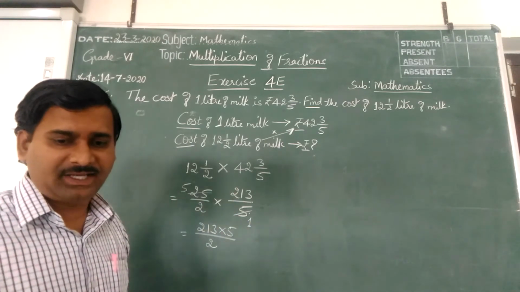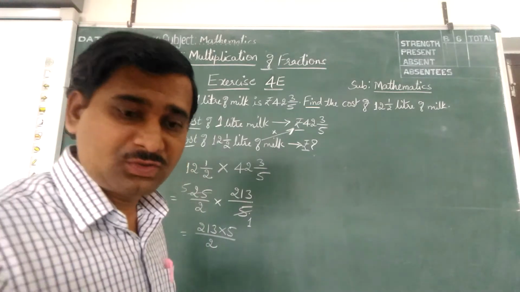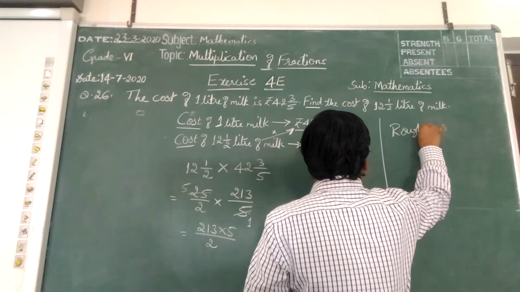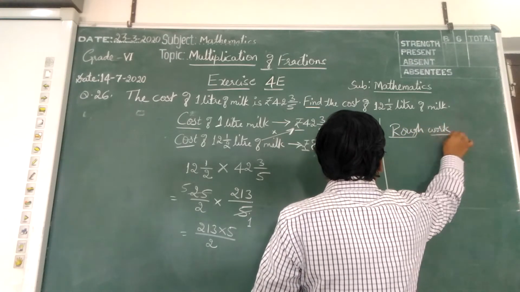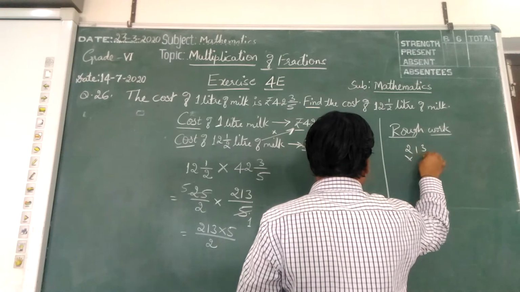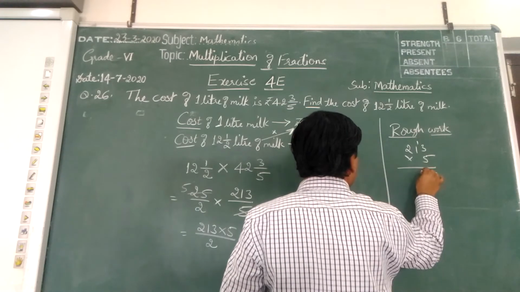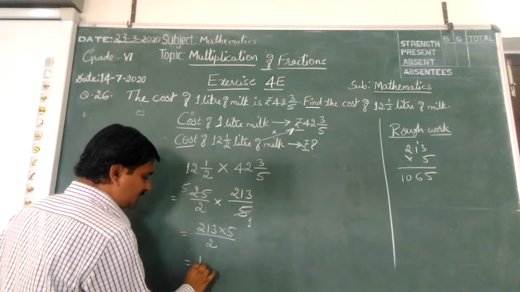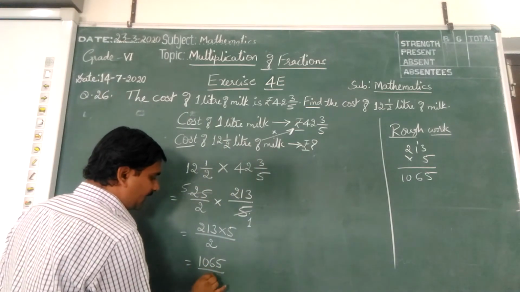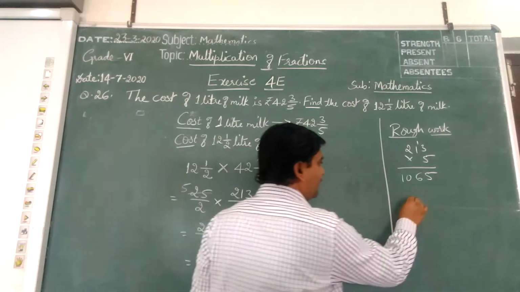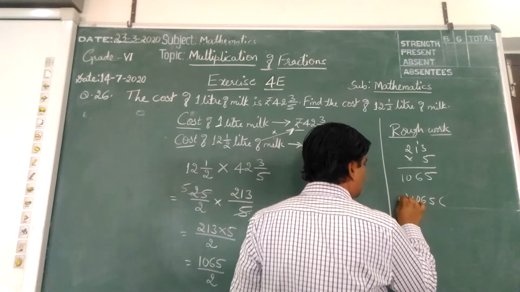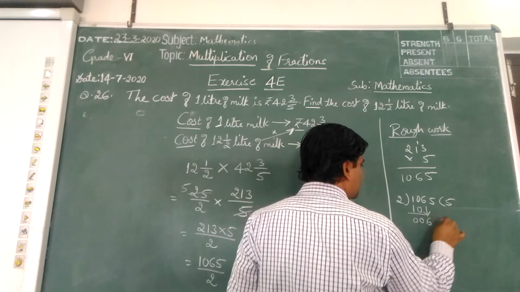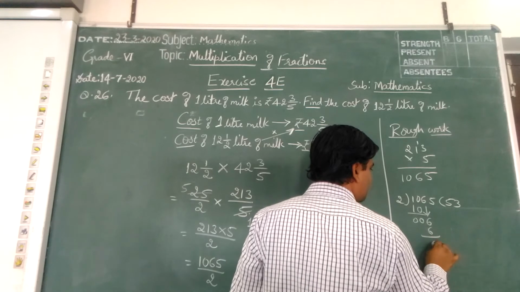5 into 213. We have to do 5 into 213. So 213 into 5 is 1065. So 1065 divided by 2. Divide this improper fraction by 2. 2 5s are 10. Take this 6. 2 3s are 6. 0.